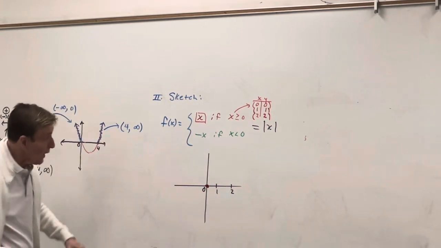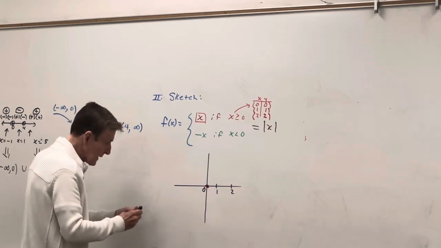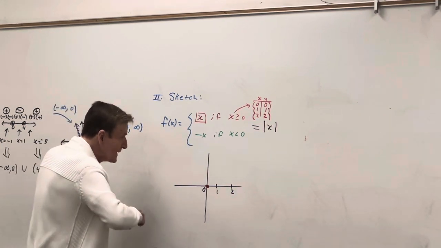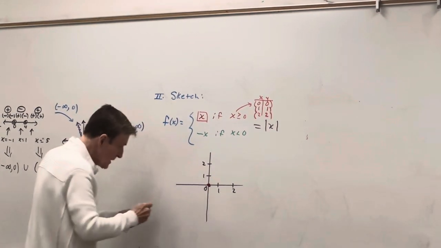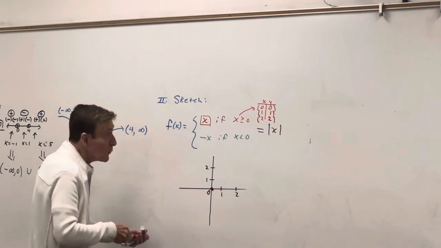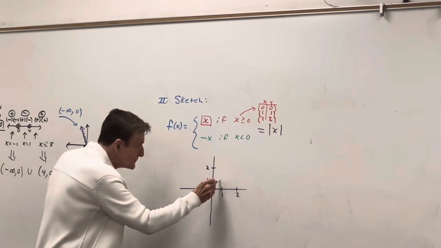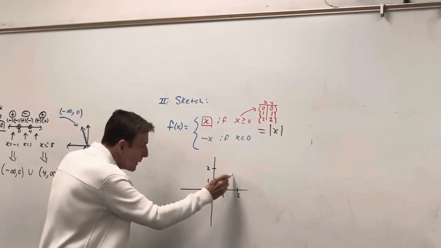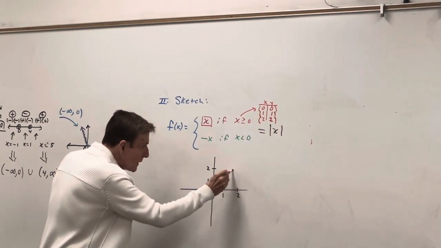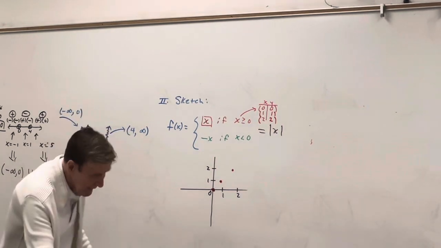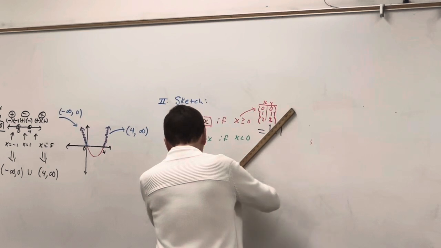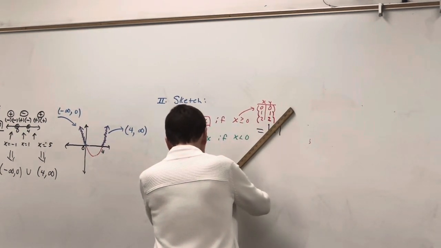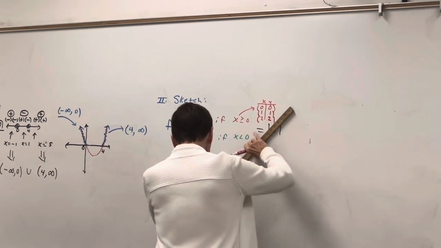The other points, 1, 1, all the other points definitely are going to be included. Okay, 1, 1, 2, 2, just to be looking nice. Over 1, up 1, over 2, up 2. You can try 4 points. I'll connect those that I have, and in the red, in no time at all, we have a shape that looks like this.